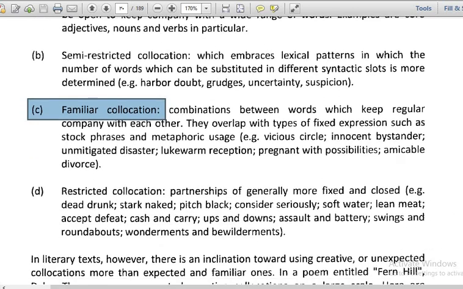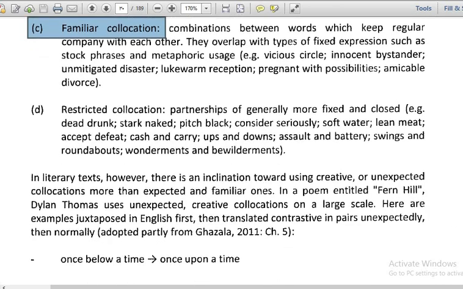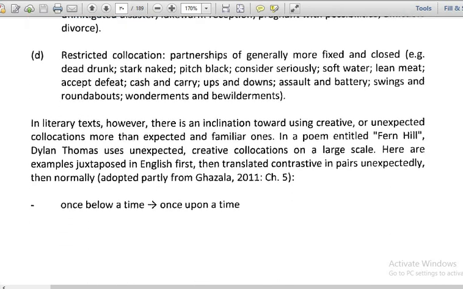And D, restricted collocation, partnerships of generally more fixed and closed collocation, such as dead drunk, stark naked, pitch black, considered seriously. So they are fixed or restricted collocations.